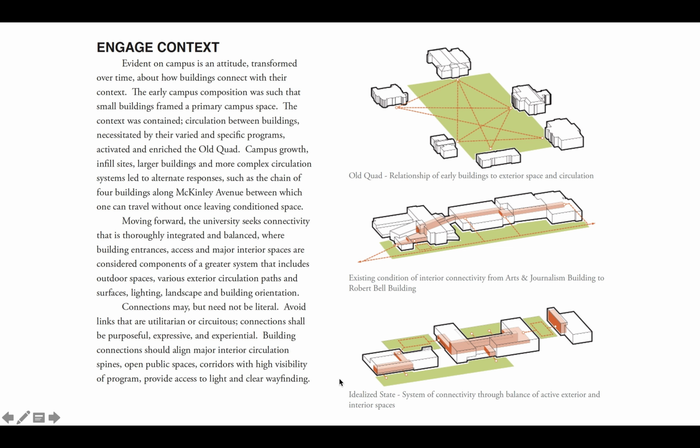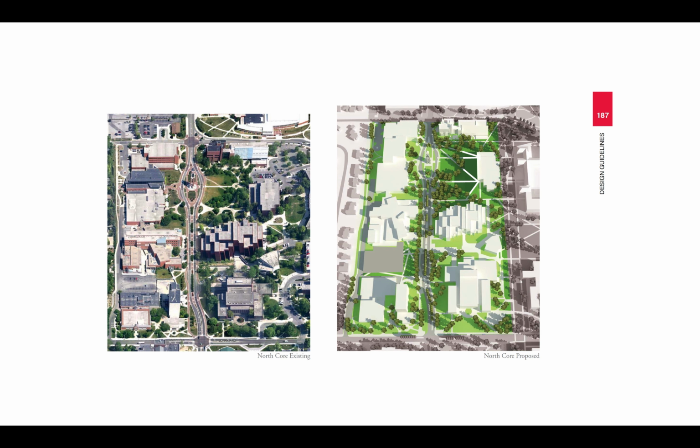An interesting way of moving through our Ball State campus might include a combination of walking inside and outside, so that one can navigate the campus for their lunch hour, or on a break, or for exercising, or from going from class to class in an interesting dynamic way. So very interesting diagrams that they've started to put together to create the idealized state, and it reflects further in their plans for the campus itself.